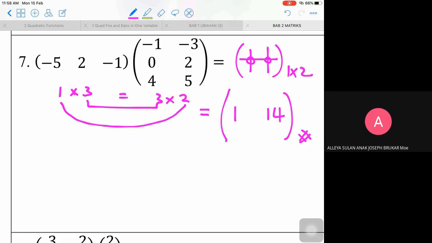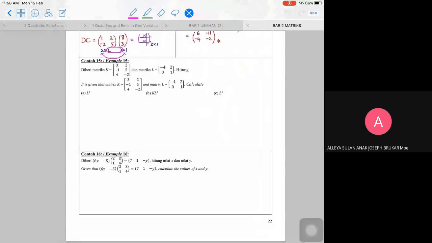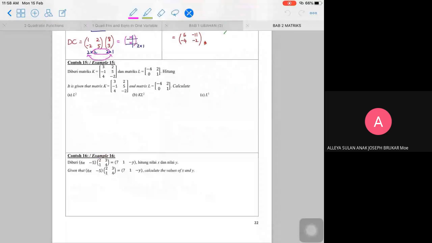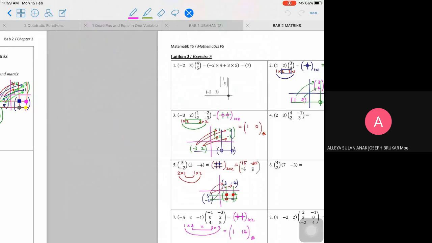Okay, so I think that the rest is your exercise for today. Okay, so I give you the exercise now. Your exercise is from page 22. Page 22, example 15, example 16, and then continue page 23 until the question 10.